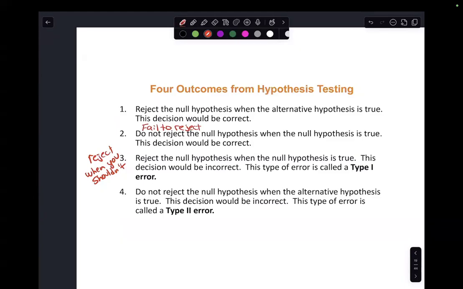And then I don't reject the null hypothesis, even though my evidence shows that cats sleep longer than 18 hours. That's a type 2 error. So I say fail to reject when we should reject. That is a type 2 error. So rejecting when you shouldn't is type 1. Failing to reject when you should is type 2.